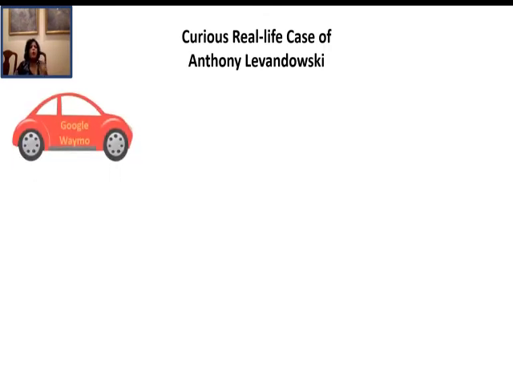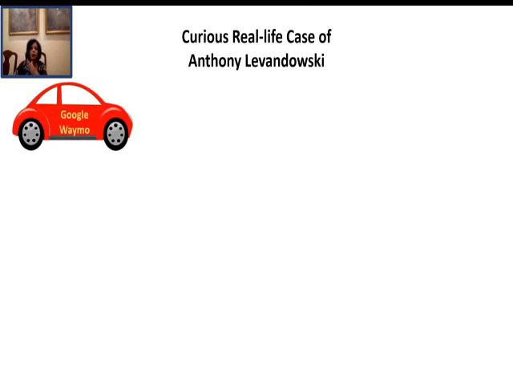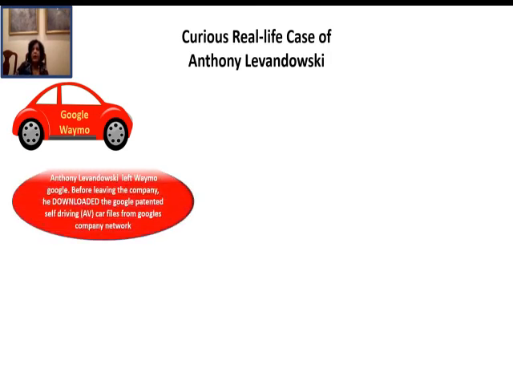This is a real case and not a hypothetical case. Anthony Lewandowski, an early pioneer in the self-driving or AV car industry, left Waymo Google, but before he left Google, he downloaded the patented Waymo self-driving car files from the company network.